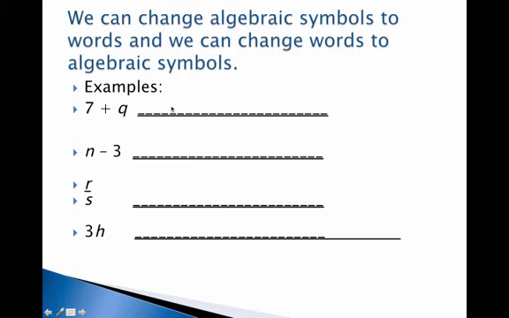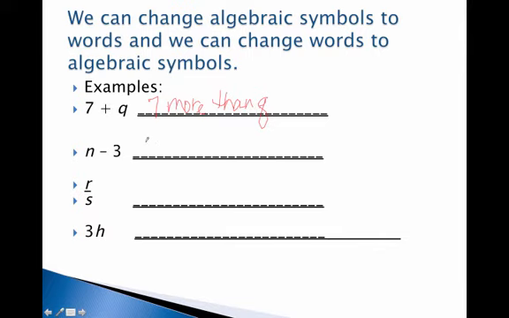So I could say 7 more than Q, or I could say Q plus another 7.